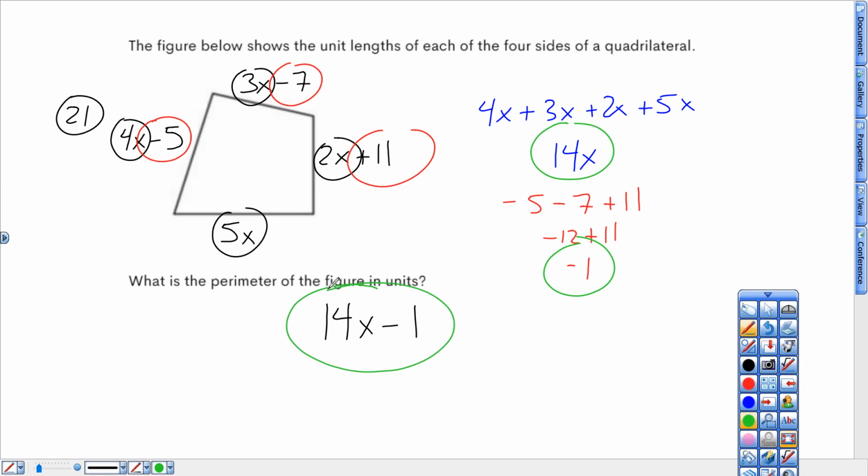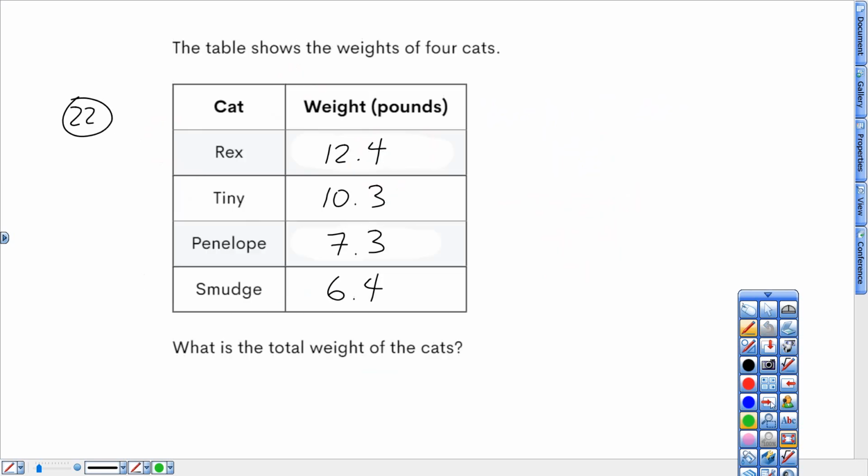All right, 2 more problems, 1 more word. All right, this one, all you're doing is using your calculator to add these up, being precise, not messing up. 12.4 plus 10.3 plus 7.3 plus 6.4.